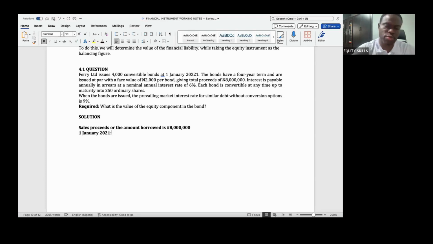And the challenge is, should we put it as equity or debt? Now we are saying we should recognize elements of the two. So we need to separate these 8 million. To do that, we'll determine the financial liability first, then the balancing figure will be the equity. To determine the financial liability, all you need to do is get the present value of that financial liability.